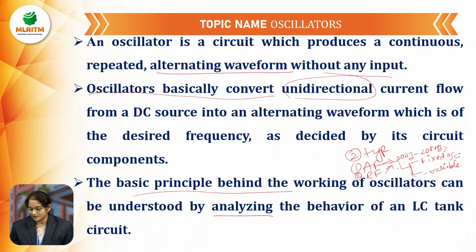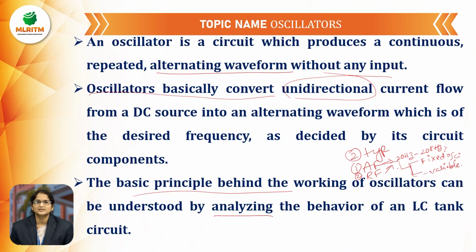A variable AF oscillator is one where we generate the signal and have some knobs to change the frequency or voltage. With the help of that, whatever frequency or amplitude we are monitoring, we can vary that frequency or voltage.